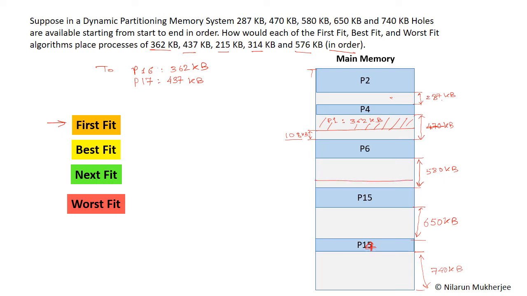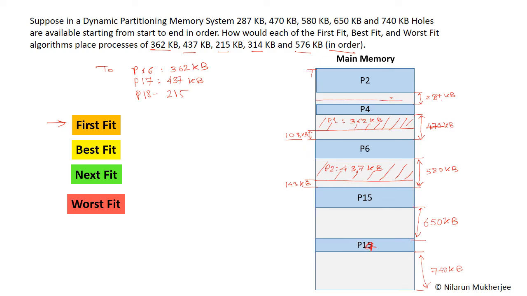It can fit it there, so it will fit P2, 437 kb, in this hole. So there will be a leftover of 580 minus 437, 143 kb hole.